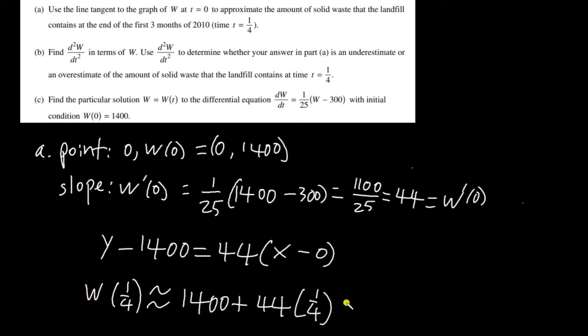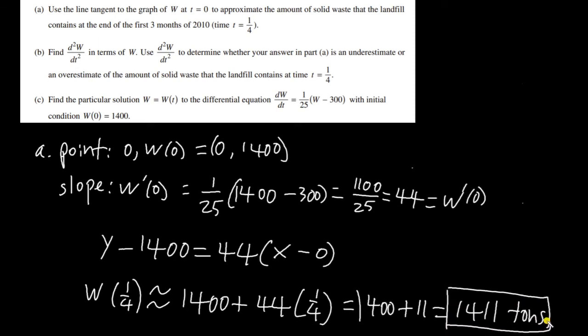Okay, so that's going to be 1,400 plus 44 divided by 4 is 11. So that's 1,411. And then for the units, w is measured in tons, so we'll have 1,411 tons. Okay, this was a 2-point question. 1 point for correctly finding the value of w prime of 0, and 1 point for the right final answer.